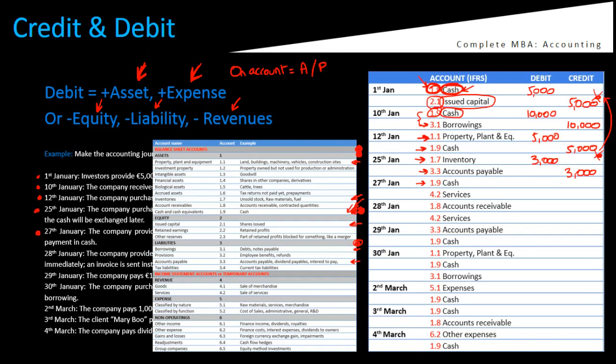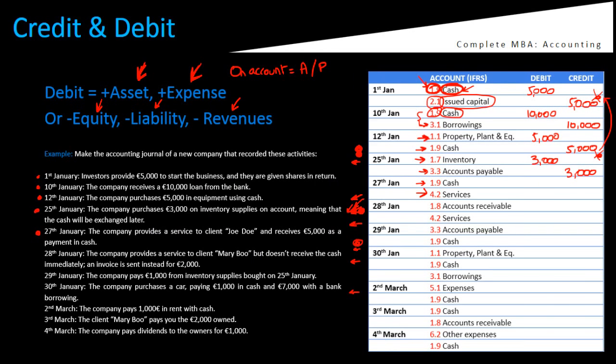If you check revenues and expenses, we explained in the last video that services are 4.2. So 4.2 is a kind of revenue, because you give a service and you receive revenue. Now if we identify both of them, we know that an increase of cash is a debit, so we put 5,000 here, and a service of 5,000 here. Good. That was the 27th.